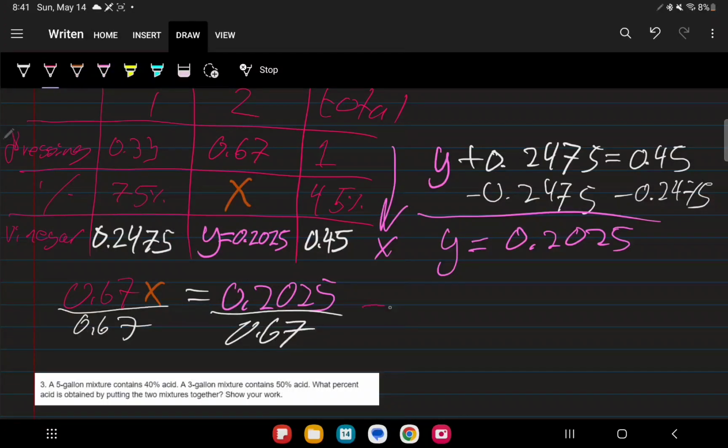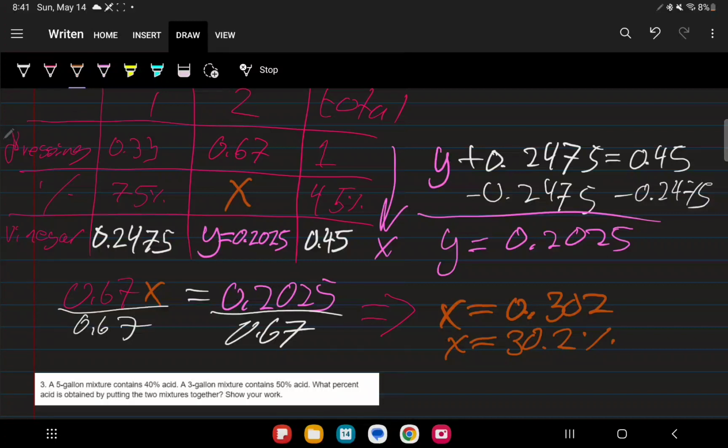This gets me x again, and we divide 0.2025 by 0.67. And we get a nice big number, 0.302. And we get x is equal to 30.2%.